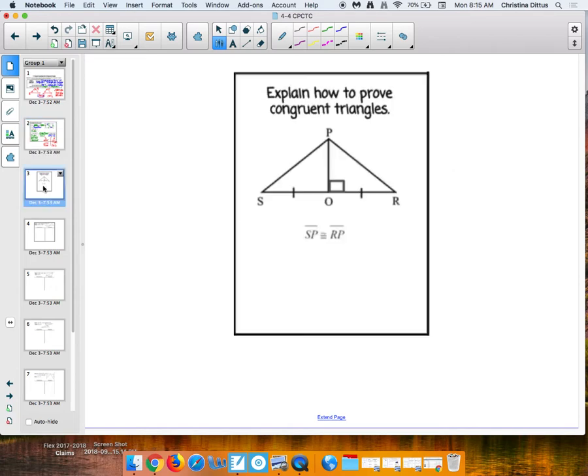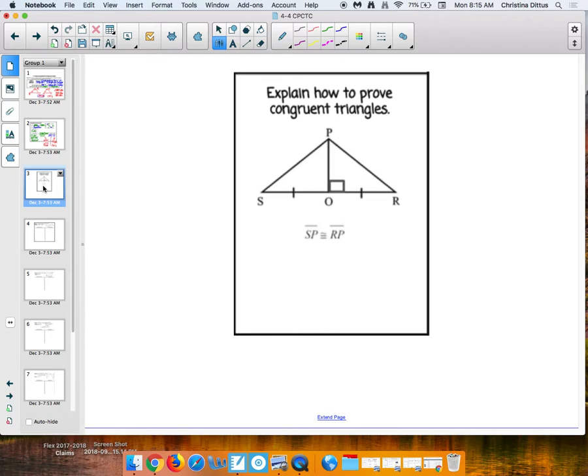Alright, let's look at this little guy. Looking at your picture, how would I prove that my triangles are congruent? I think this is one from your quiz, actually. What would you use? Side, angle, side.